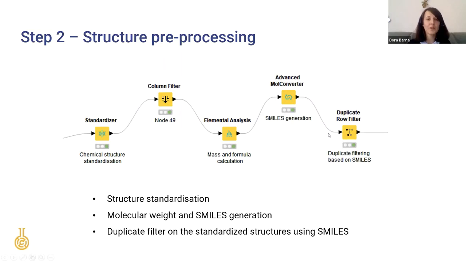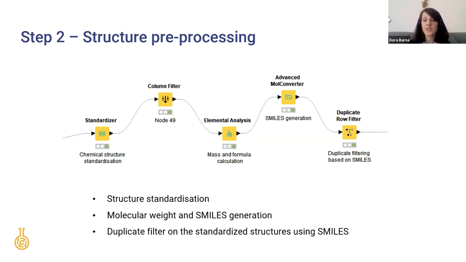After finishing the import, we will do some data pre-processing and cleaning. And here the key step is the standardization of the imported chemical structures in order to have a consistent chemical representation for every molecule that we are using in our workflow. We are also going to calculate the molecular weight and the formula of the standardized chemical structures with the Elemental Analysis node, and we will also generate the SMILES strings for these standardized molecules.